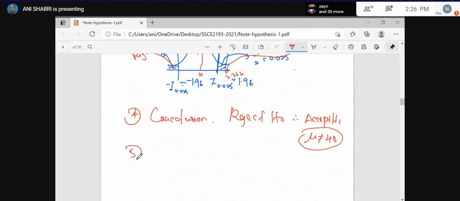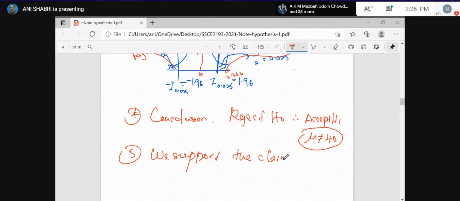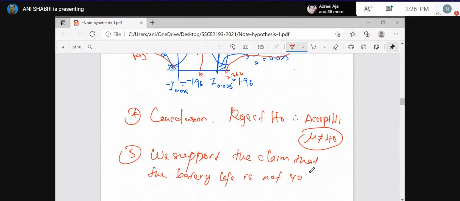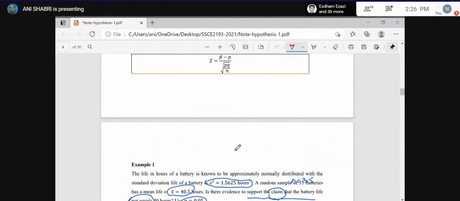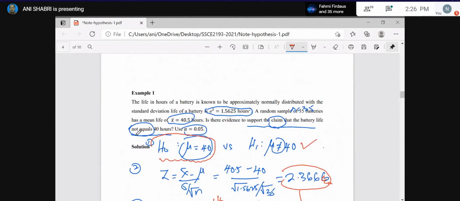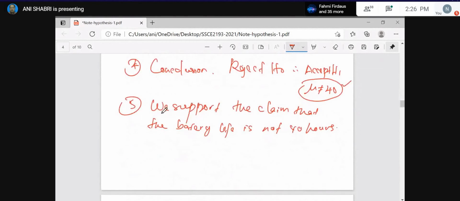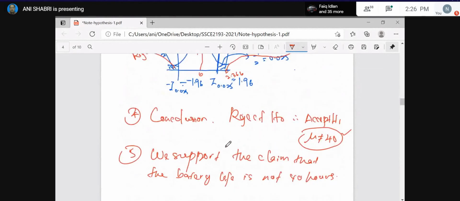We get mu not equal to 40 and the claim stays the same. The conclusion: we support the claim that the battery life is not 40 hours.